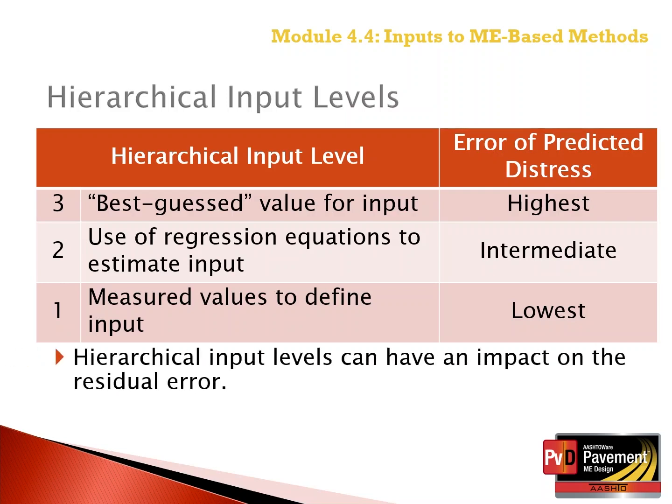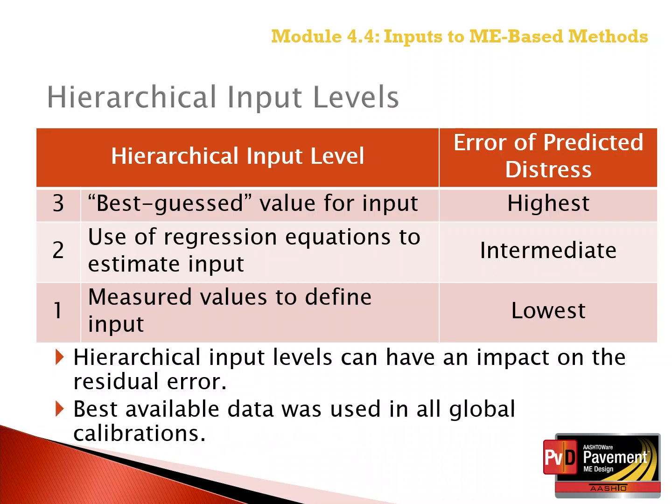As a reminder, the best available data was used for all global calibrations. Thus, it is important to remember how the layer input values were determined relative to their measurement and calculated reliability level. Reliability level was discussed relative to the hierarchical input levels in Module 3.